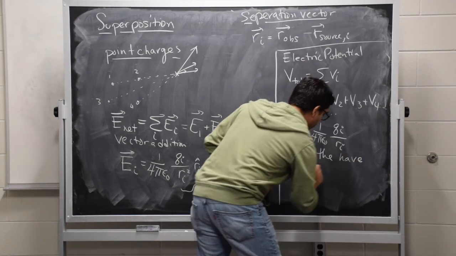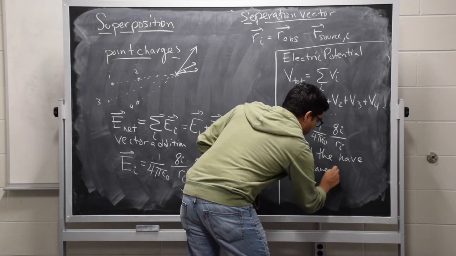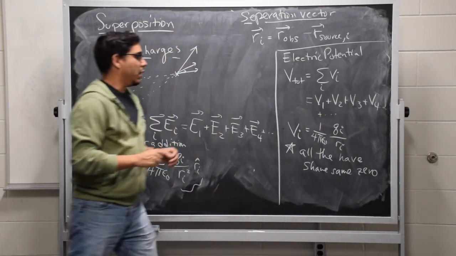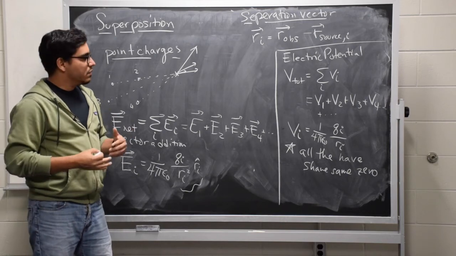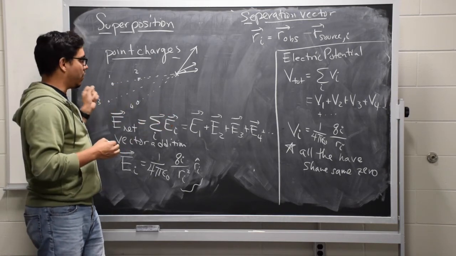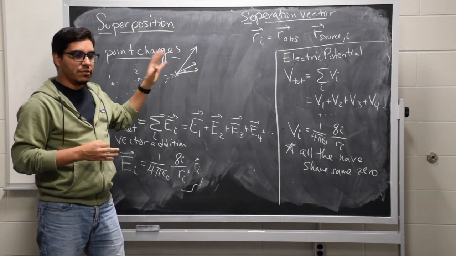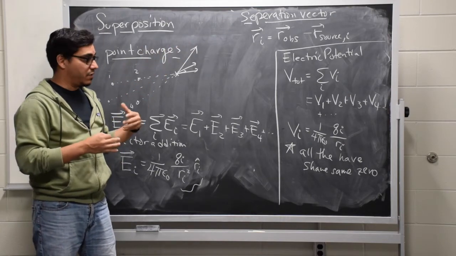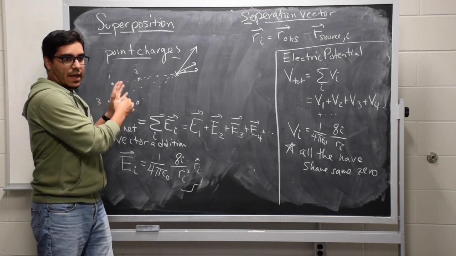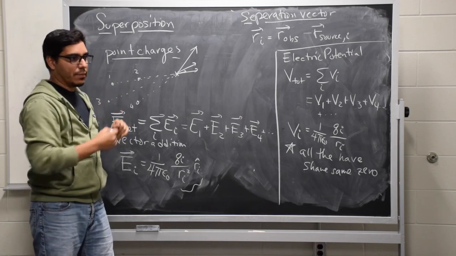They all have to share the same zero of potential to be added up in this way. So for point charges, it's actually pretty easy because they all are 0 at infinity. But for other systems, there might be zeros that are defined that are actually near your observation location. In that case, you have to be very careful about how you add them up.